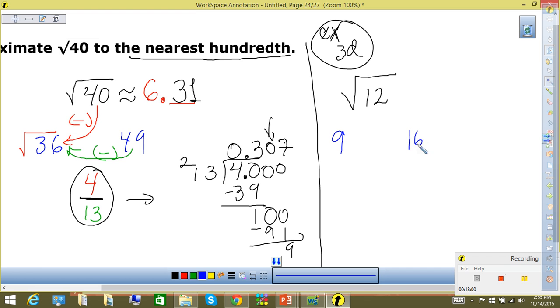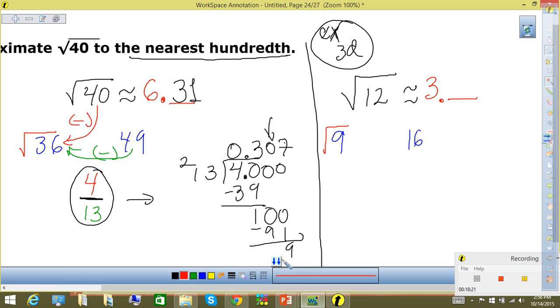Hands if you agree with that. That is correct. So therefore, we're going to find the estimate for this one. What was the smallest one? 9. So therefore, this is going to be 3 point something. Are we there so far? Okay?